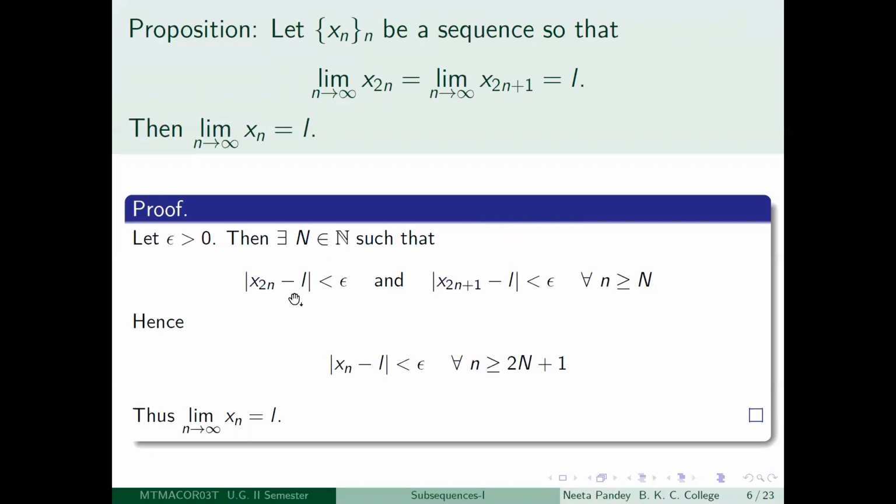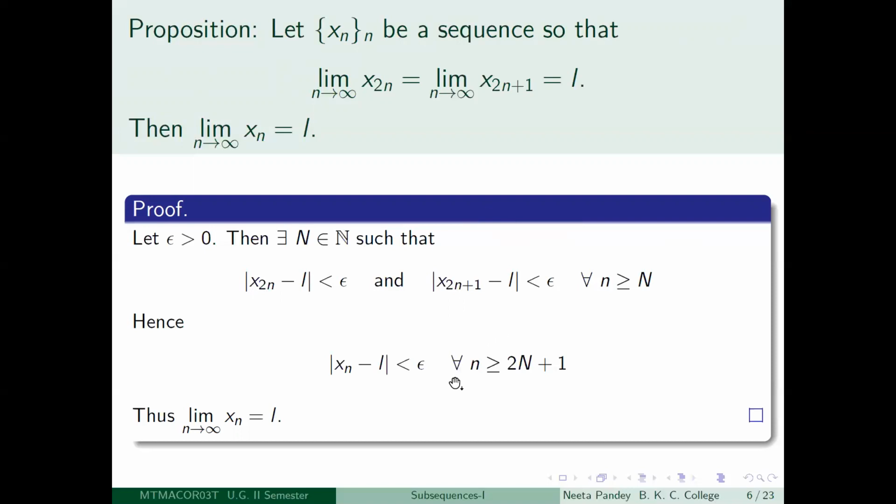For this, you will get some positive integer N1, and for this, you will get some positive integer N2, and you just take the maximum of that. So after a certain positive integer capital N, mod of x_2n minus L will be less than epsilon, as well as mod of x_(2n+1) minus L will be less than epsilon.